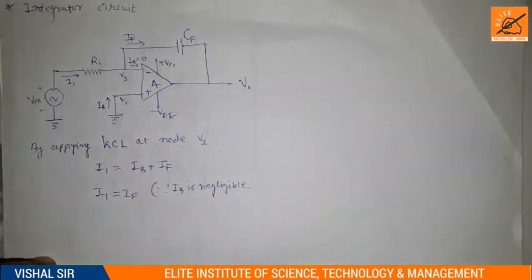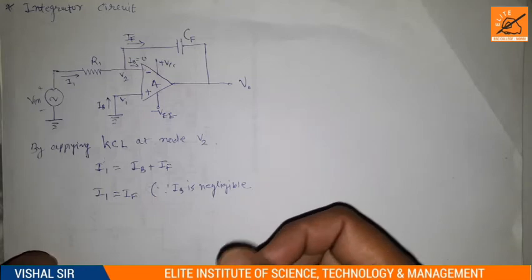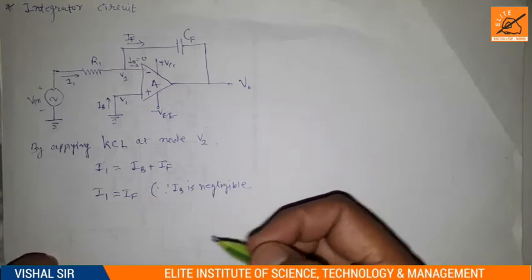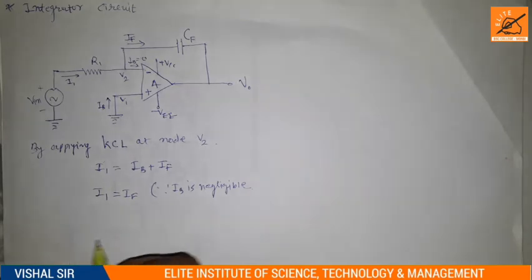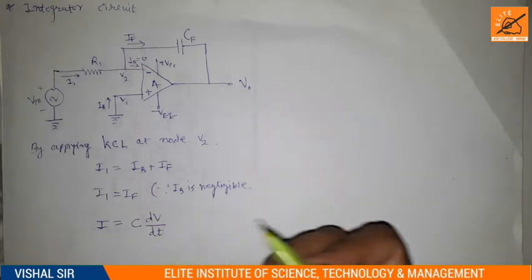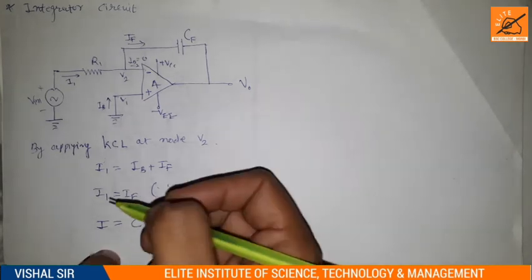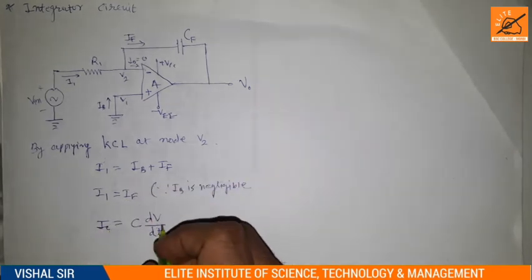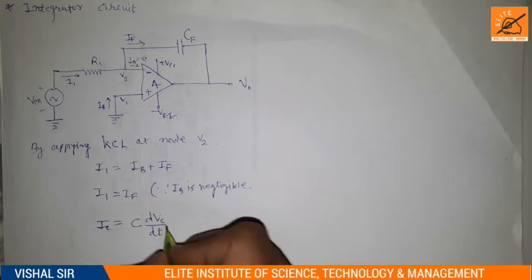Now, what is the basic relation between the current through the capacitor and the voltage across the capacitor? We know that I is equal to C dV by dt. This is the basic relation for current through capacitor IC and voltage across capacitor VC.